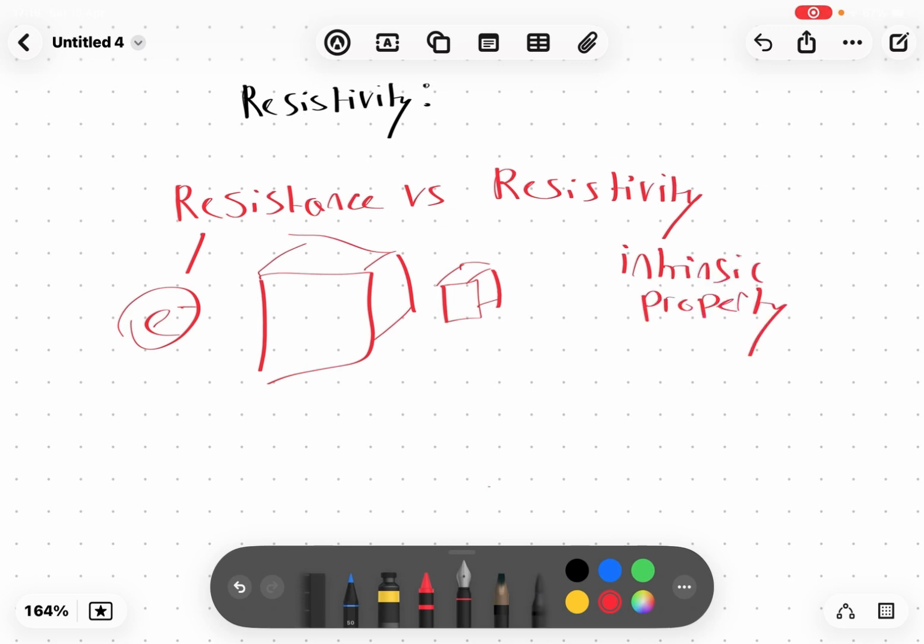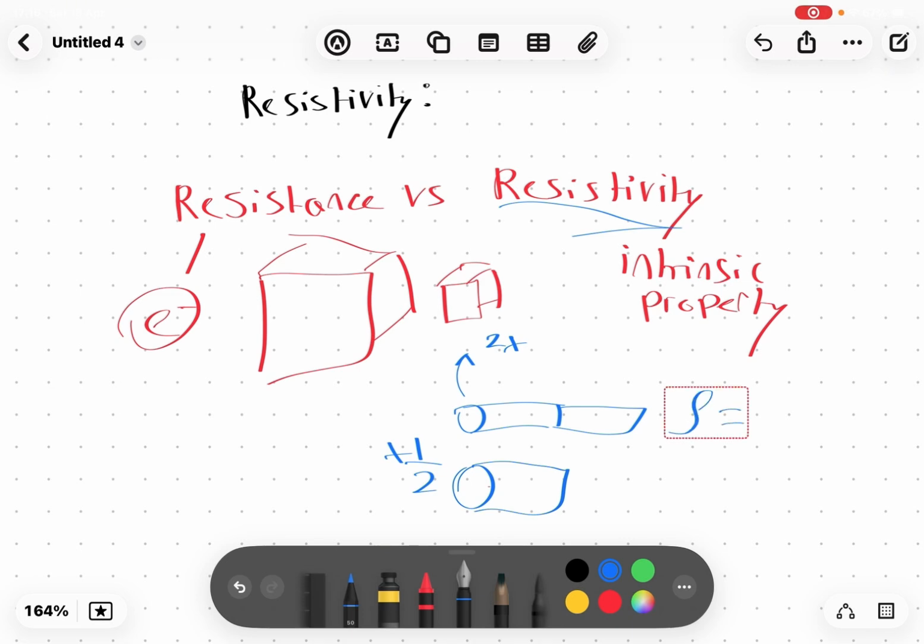intrinsic property. What I mean by that is, let's say we have a material and I double the length. The resistance doubles, and let's say I increase the cross-sectional area, that means the resistance halves.